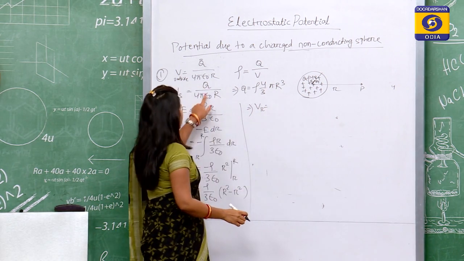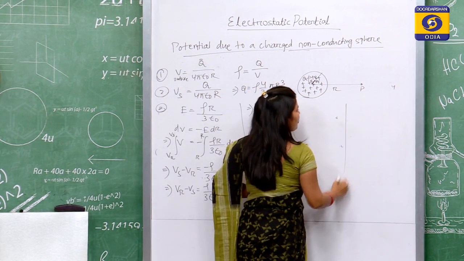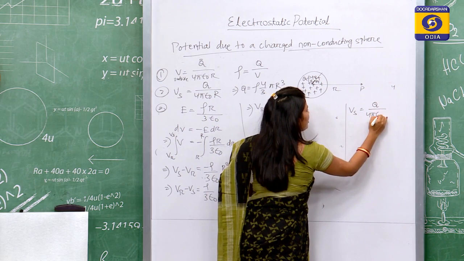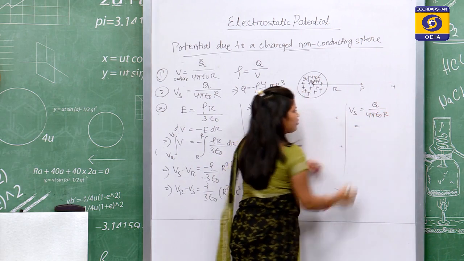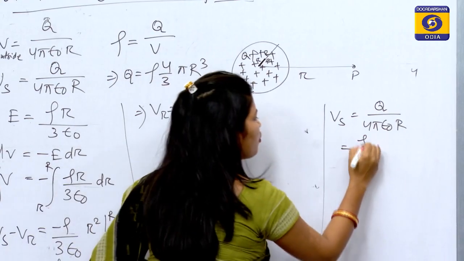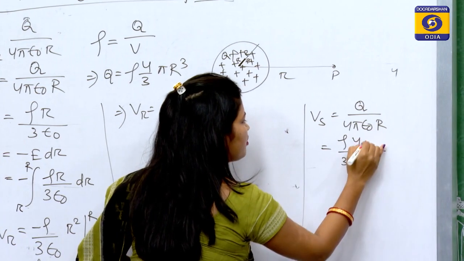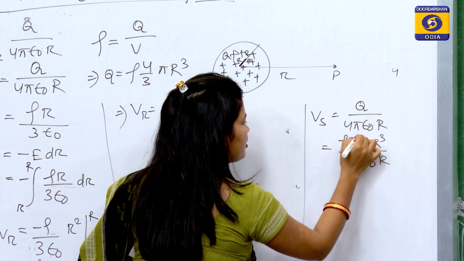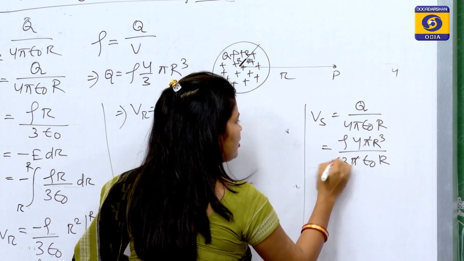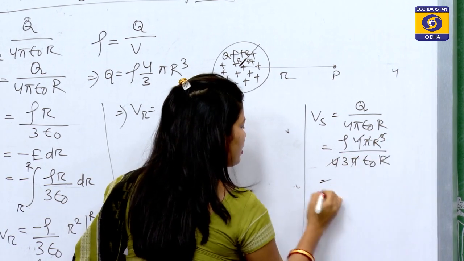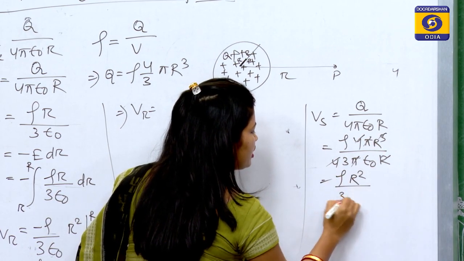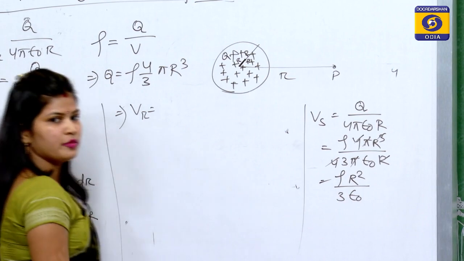See, Vs is Q upon 4 pi epsilon naught capital R. Putting the value of Q, that is rho times 4 by 3 pi R cubed, the pi cancels, the 4 cancels, and one R cancels. So, we get rho R square upon 3 epsilon naught.